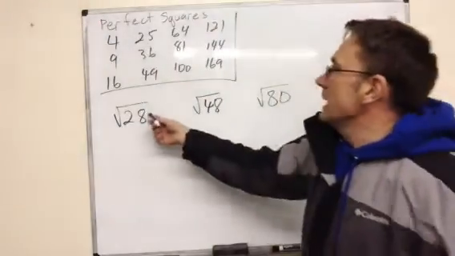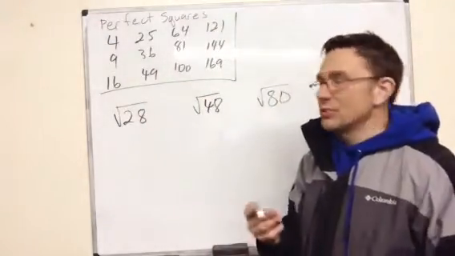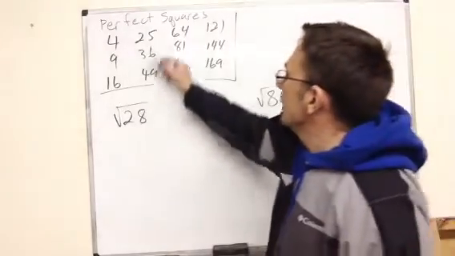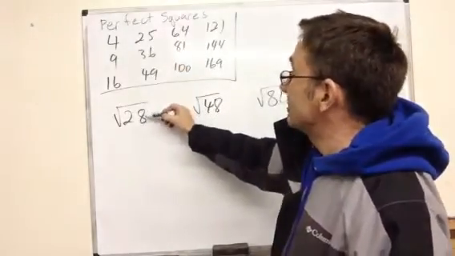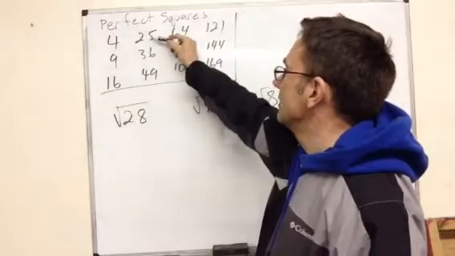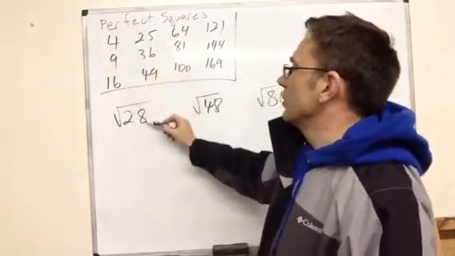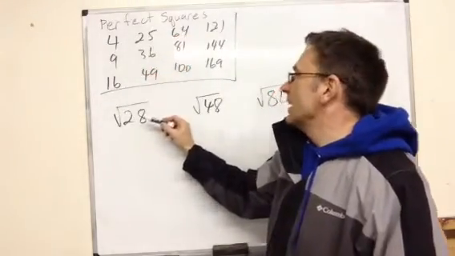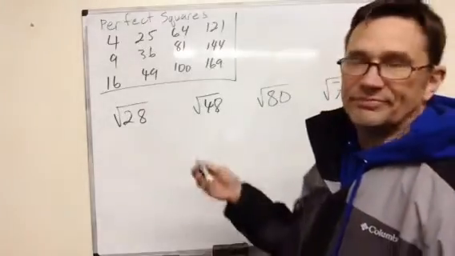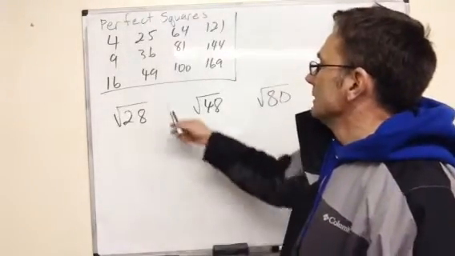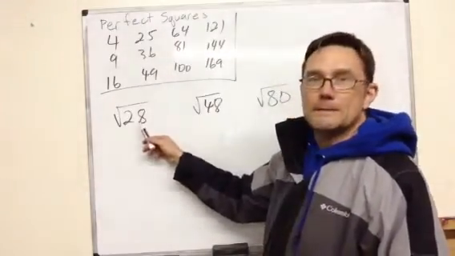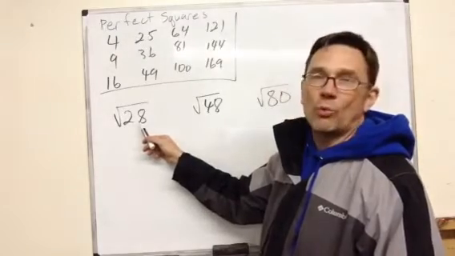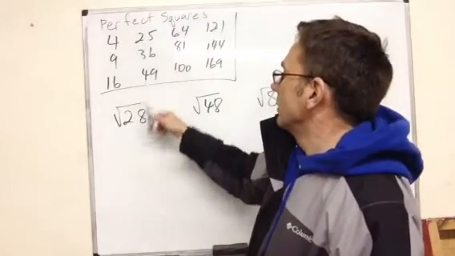Now looking at 28, again, the smaller the numbers are easier to work with. I'm going to start with the largest number that's smaller than 28, which is 25. It doesn't work. Does 16 go into 28 evenly? If we divided it out, it'd be like 1.7 maybe. Does 9 go into 28? No, that's, I think, 3.1. Right? And it goes on forever.